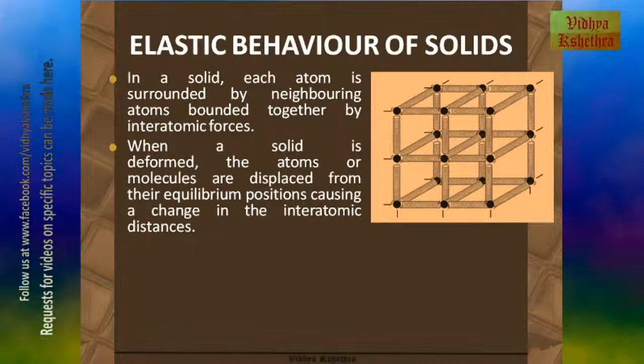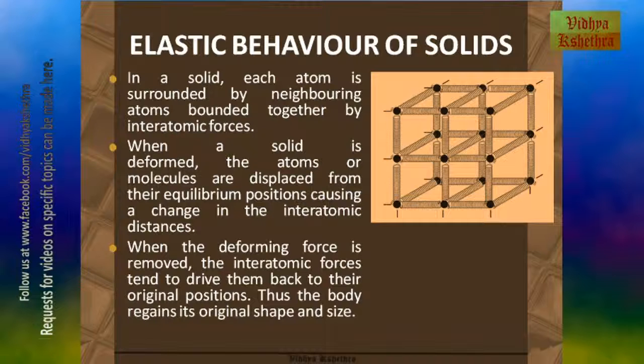When a solid is deformed, the atoms or molecules are displaced from their equilibrium positions, causing a change in the interatomic distances. When the deforming force is removed, the interatomic forces tend to drive them back to their original position. Thus the body regains its original shape and size.